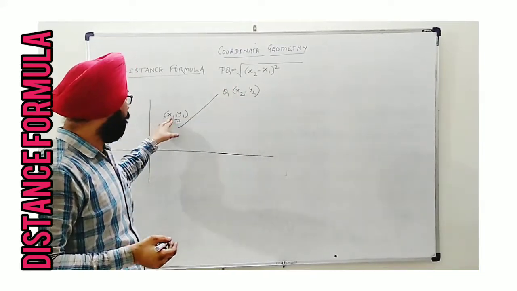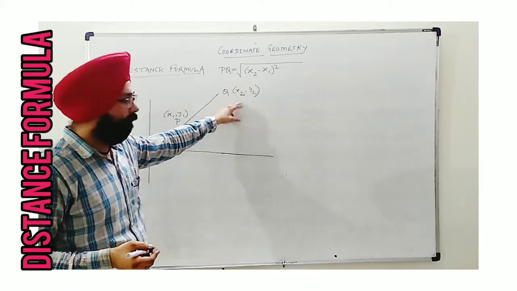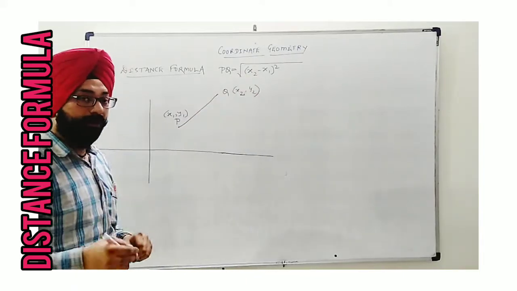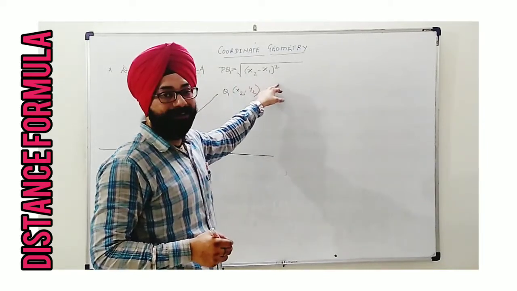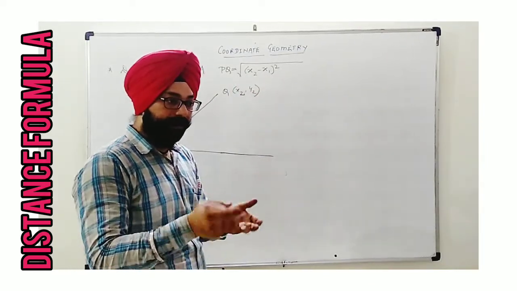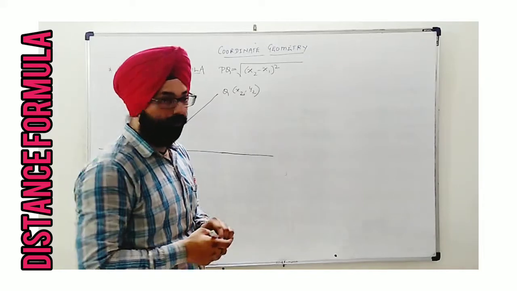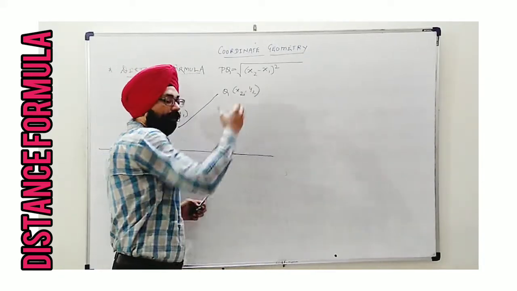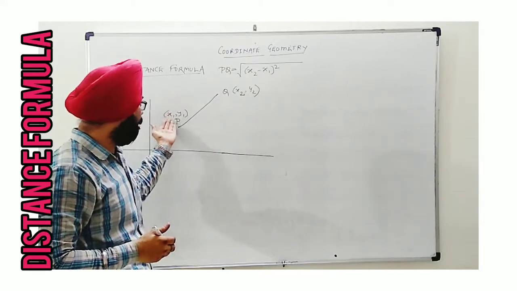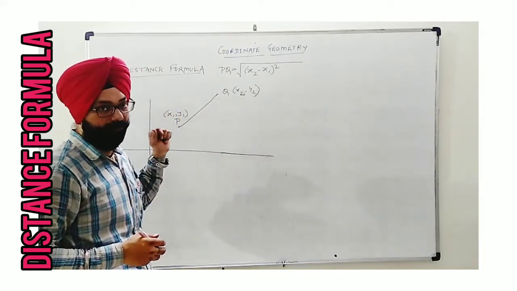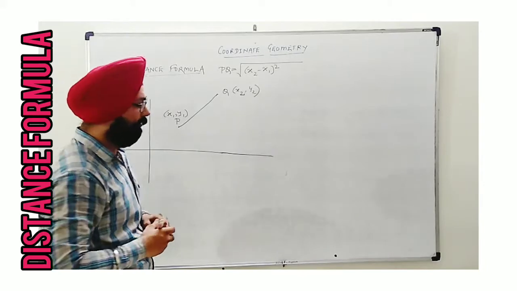So this is the difference between these two first values x2 and x1, and the square. And one more thing, as this is a square, I have written in the formula x2 minus x1, but it doesn't matter. You can take the difference x1 minus x2 also. Why? Because being a square, the result will always come positive. So it doesn't matter whether you take x1 minus x2 or x2 minus x1. I will tell you with an example later.